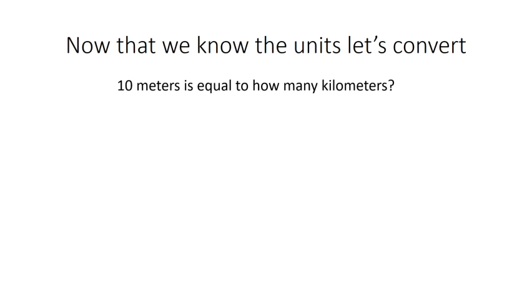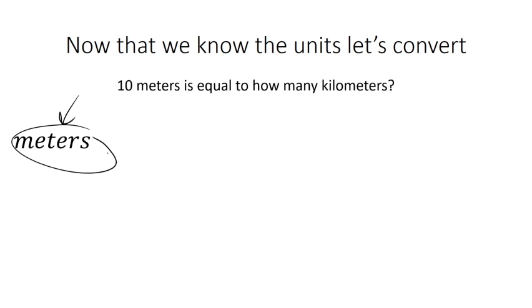Converting units. The question being, 10 meters is equal to how many kilometers? So we always start with what we know. We know that we're looking for meters, and here's the rule with dimensional analysis.